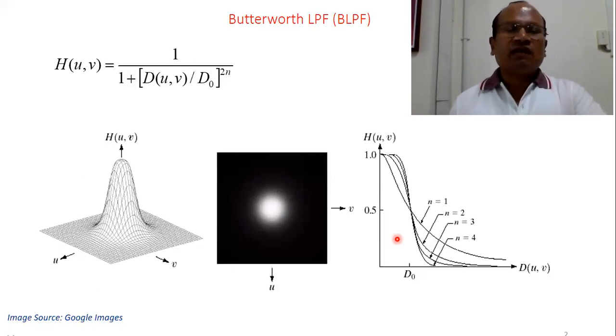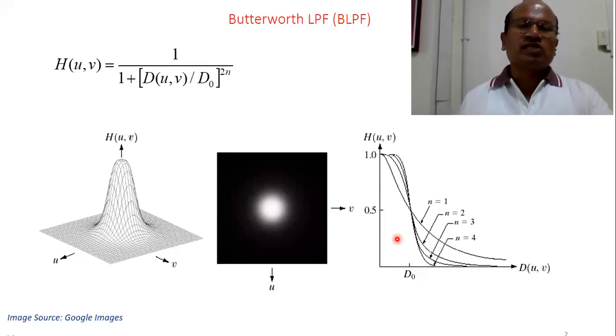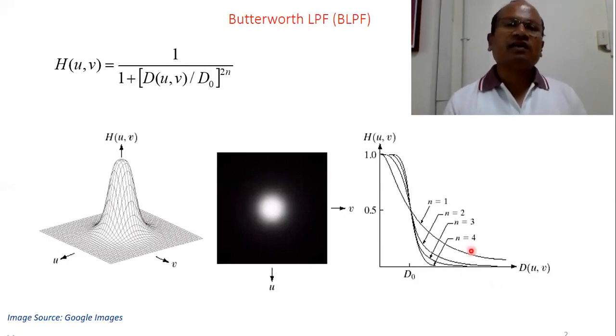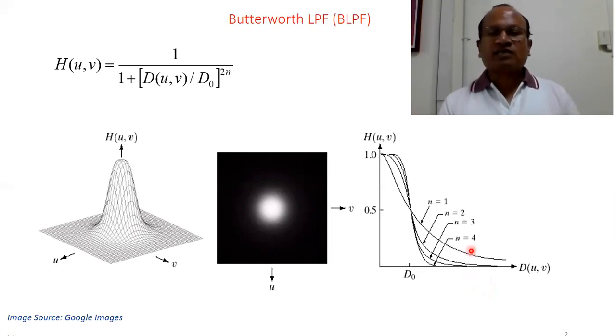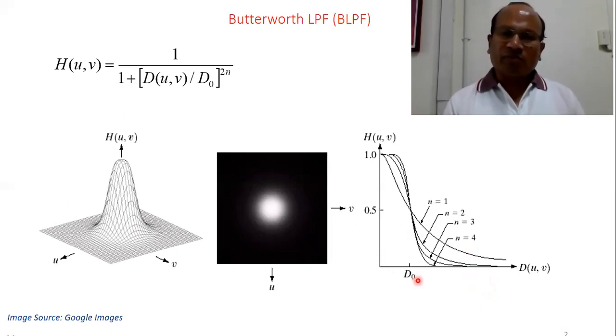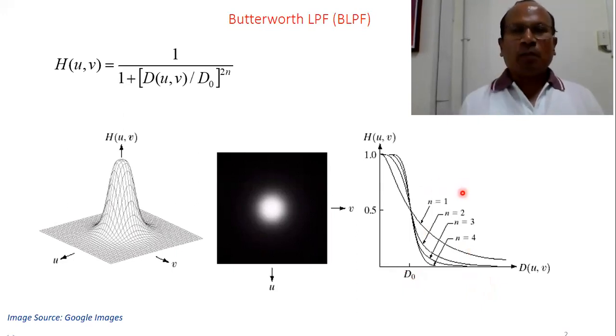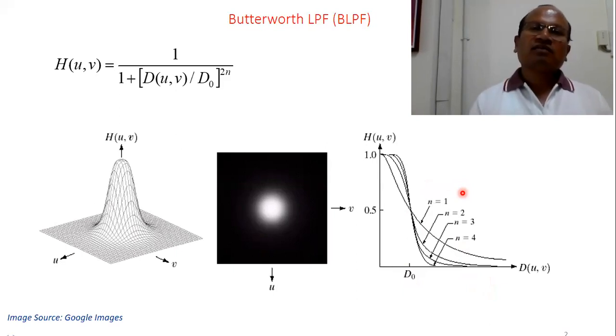It will determine how much portion you want to reject or attenuate and how much you want to retain. So this transfer function is very important due to two facts. One, the role of cutoff distance. Second, the role of filter order. And this is the practical low pass filter suggested by Butterworth.